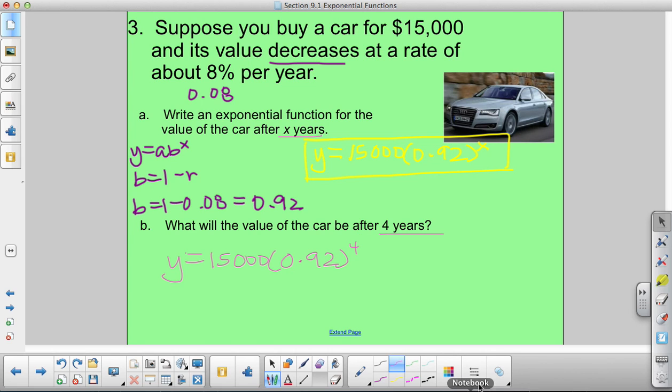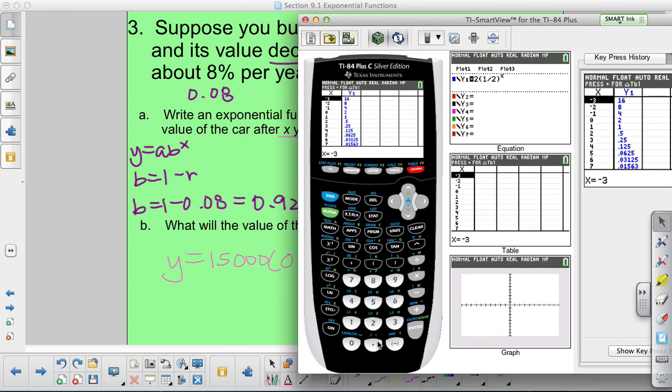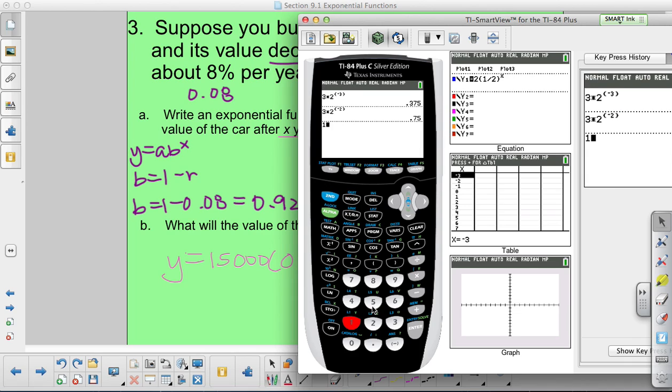On your calculator, you would go to the main screen and do 15,000 times 0.92 to the 4th and hit enter. And you'll see what it is. Notice there are 4 decimal places on this, but we're talking about the value, and the value's in money.